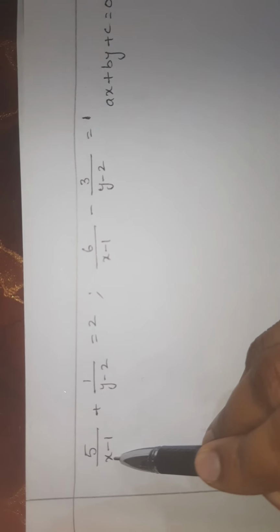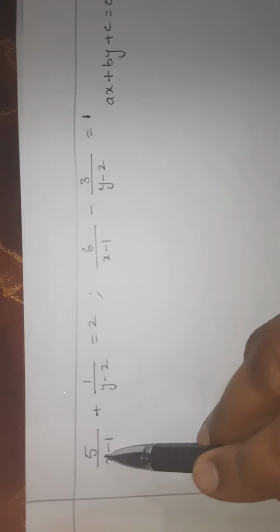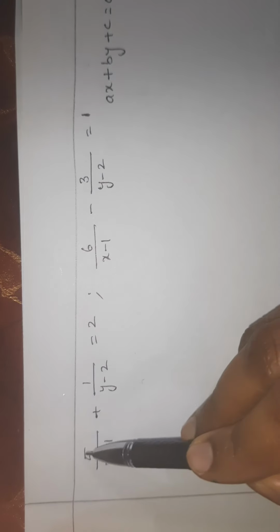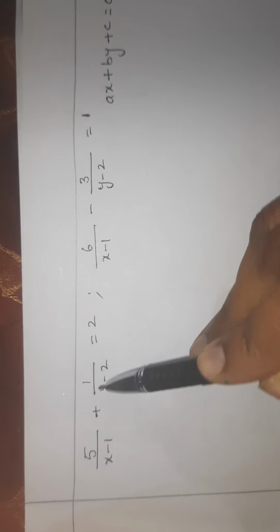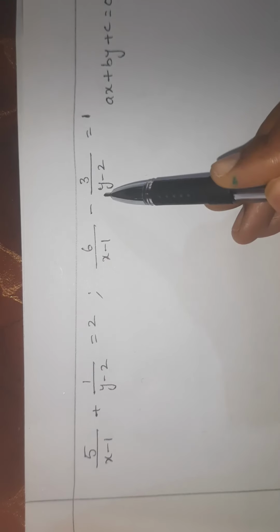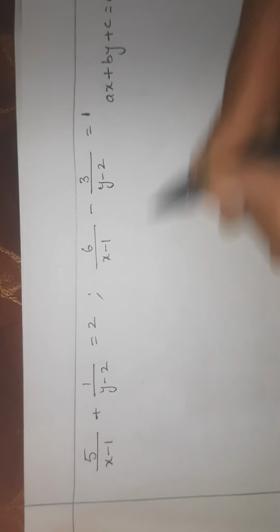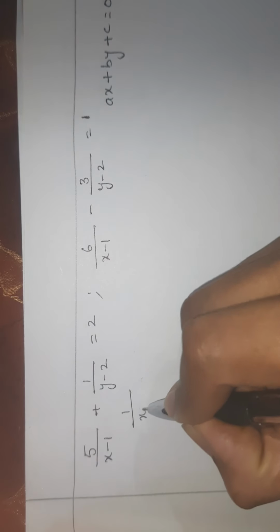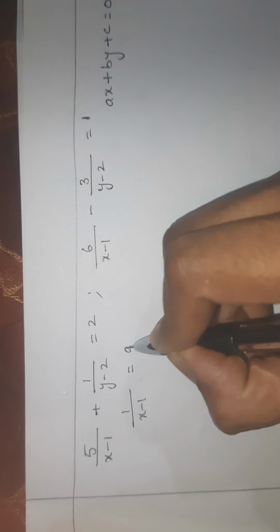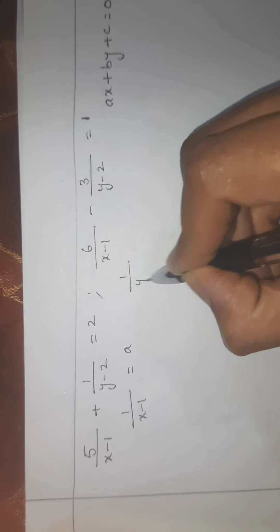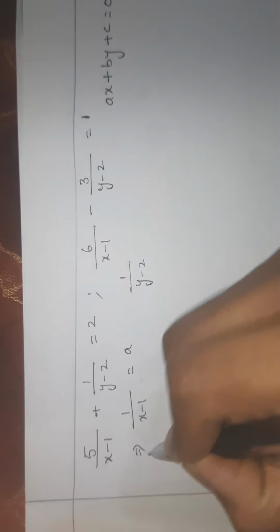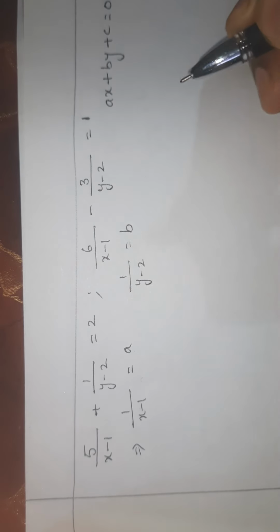So here we have two variables x and y. And if we observe the two equations, 1 by x minus 1 and 1 by y minus 2 are common in the two equations. So what we can do, assume 1 by x minus 1 is equal to a, one variable, and 1 by y minus 2 is equal to b, another variable.